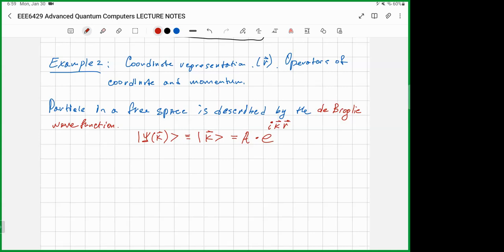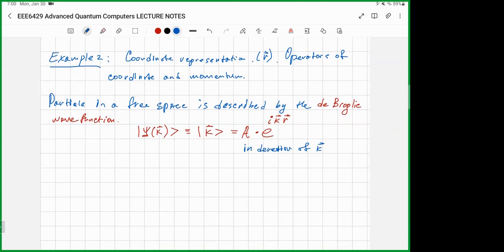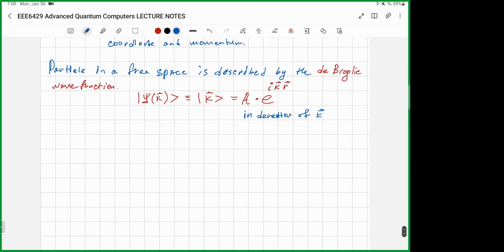Plane wave. This plane wave travels along, or in the direction of, k. This is the way we represent a plane wave.